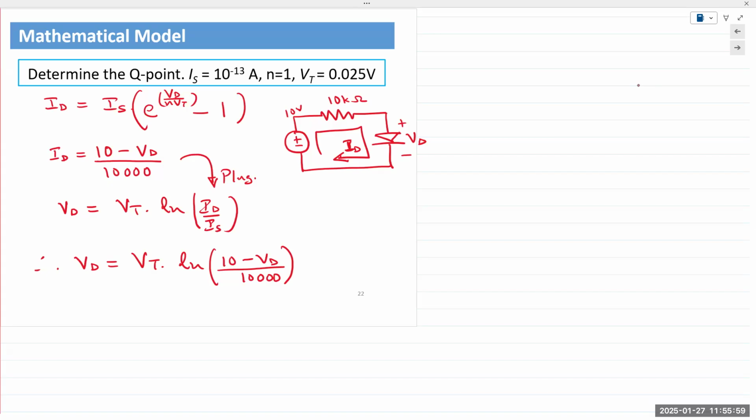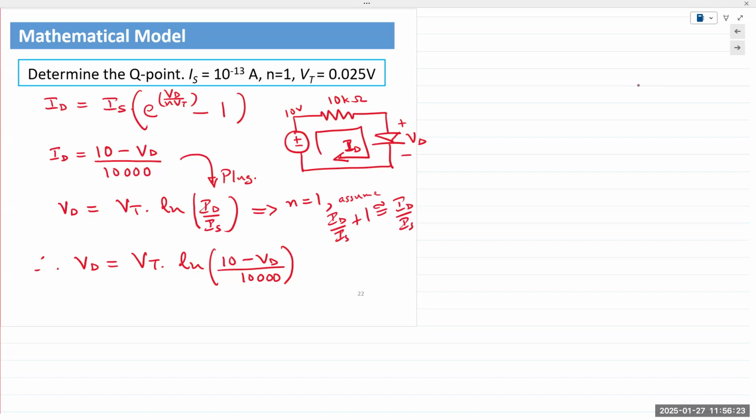Good noticing that. So what I'm going to do here is I'm going to say, since n is equal to 1, that's out, obviously. And I'm going to assume ID over IS plus 1 is approximately equal to ID over IS.